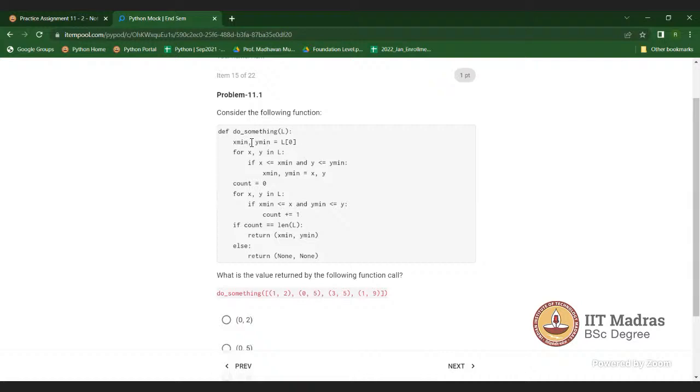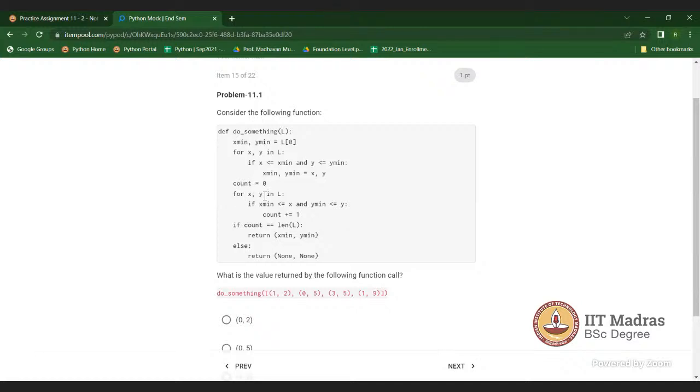L x min equals y min equals L of 0 for x comma y in L. If x is less than or equal to x min and y is less than or equal to y min, x min comma y min equals x comma y. Count equals 0.